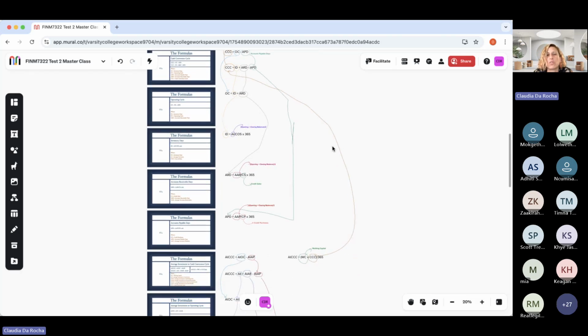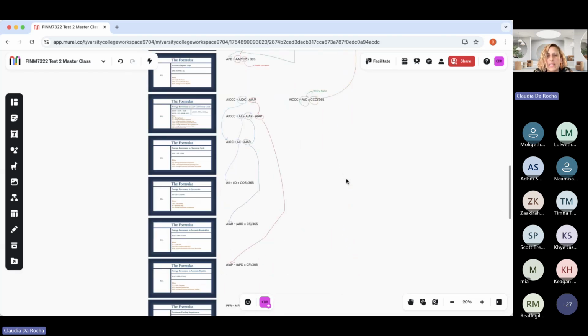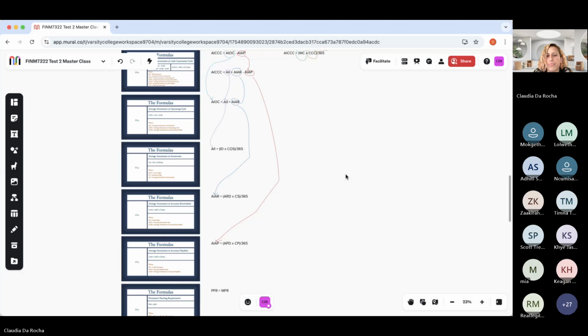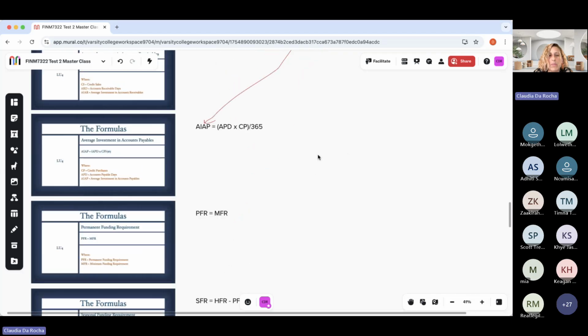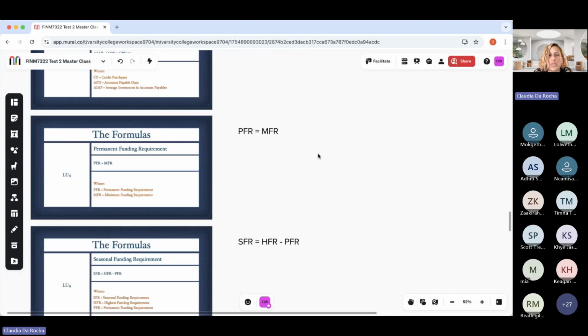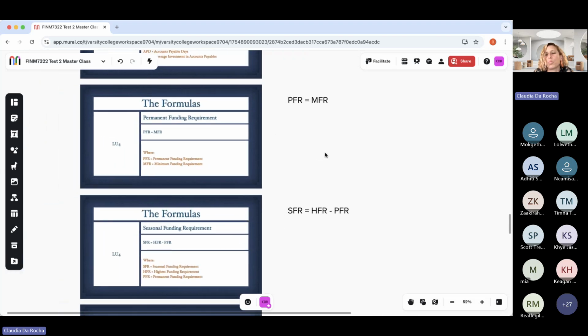So you can see that all of these formulas interlink. Then your funding requirements when you're dealing with your cash conversion cycle: it's very important that you know what these are and how to calculate them. They may not be for a lot of marks, but it's important that you know how to do it.